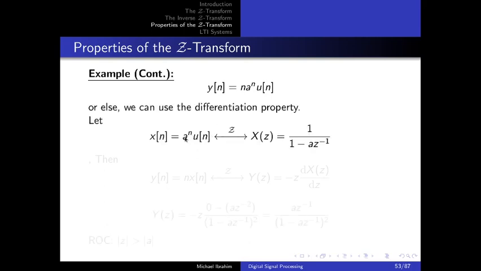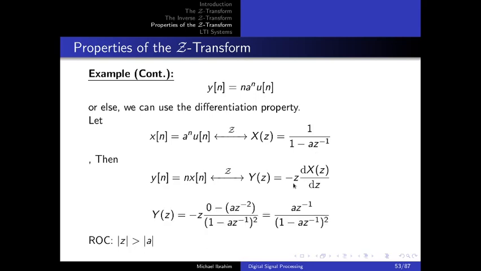So if we know a to the power n u of n, and we know its transform is 1 over 1 minus a z^-1, then if we multiply this sequence by n, we simply take this z transform and differentiate it with respect to z and multiply by minus z.